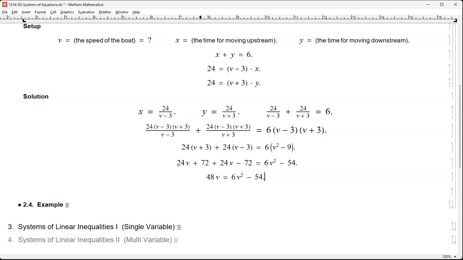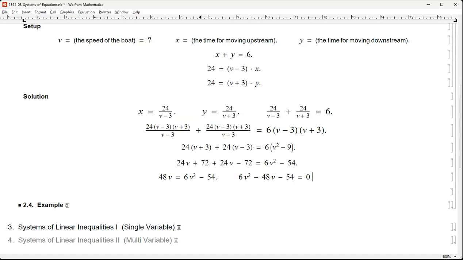Okay, flip everything over to the other side. 6v squared minus 48v minus 54.